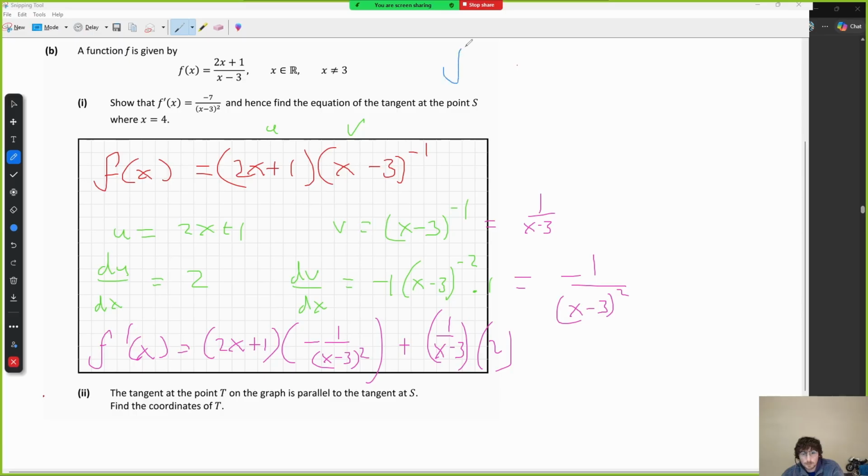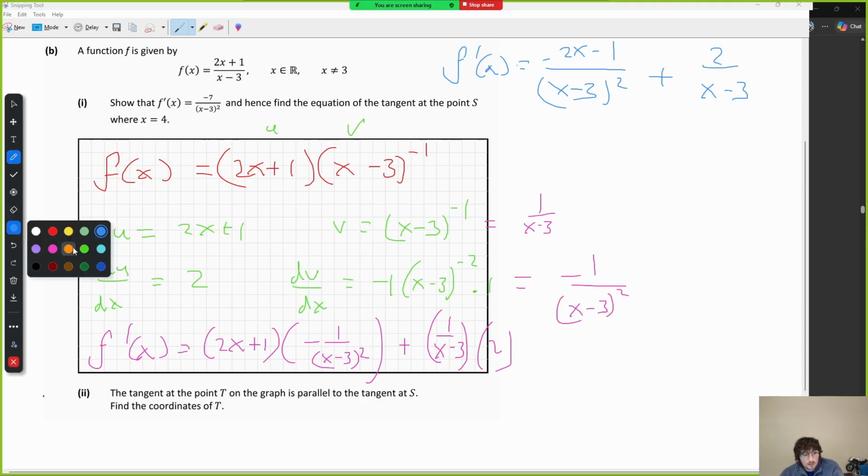I'll use blue up here. f dash x equals, and there's a negative here, so I'll call this minus (2x minus 1) over (x minus 3) squared, and then plus 2 over x minus 3.